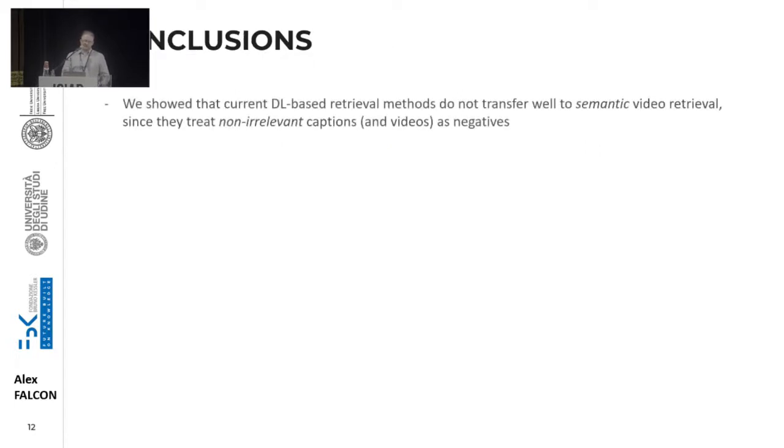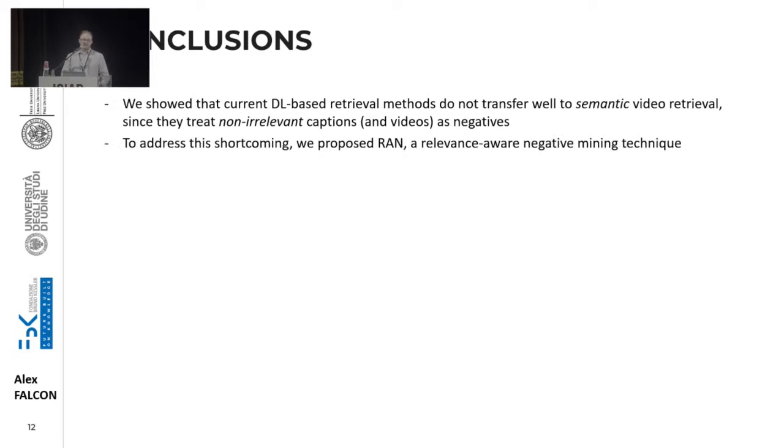So in conclusion, what we observe is that the current methodology, which is typically used to learn video retrieval models, does not transfer well to semantic text video retrieval. And we show that this is mostly due to the fact that the non-irrelevant captions, so captions which at least are partially relevant to the video, are wrongfully treated as negatives. To address this, we propose RAN, the first technique, which uses the relevance to avoid these false negatives during the learning process.